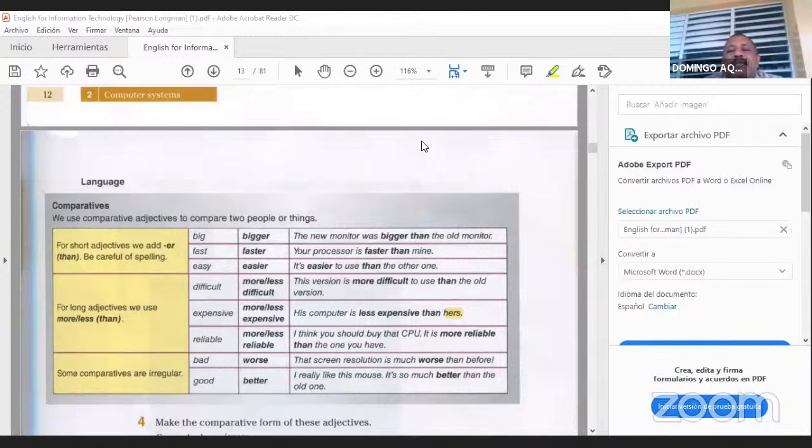The name is possessive pronoun. We have possessive adjective and we have possessive pronoun. If I say, for example, this is my book, mine is an adjective. My book. The book is mine. It's different.